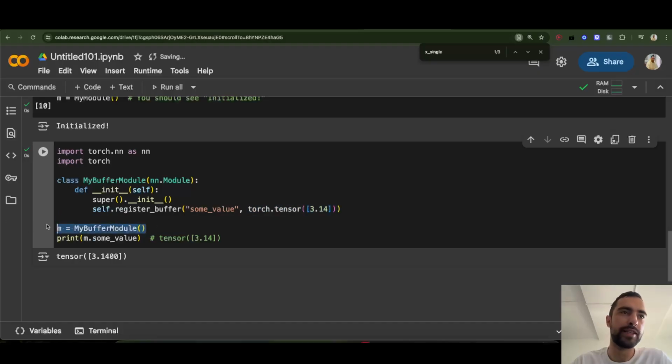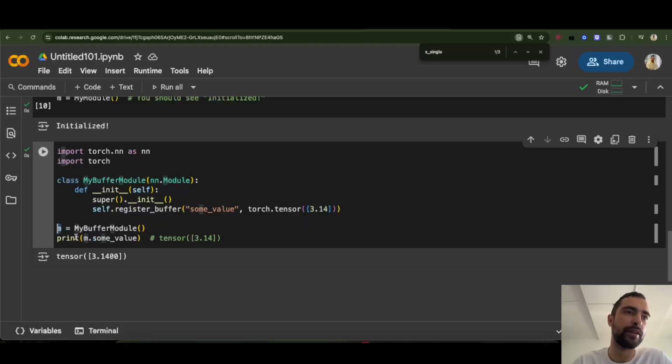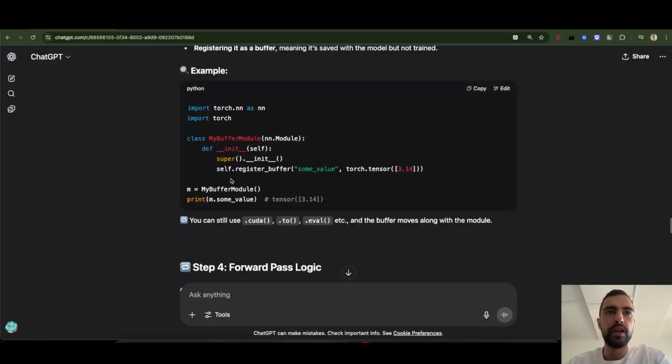If we initialize this module class, we can say m, the name of the module instance, dot some value to get this value. You can still use .cuda, .to, or .eval, etc. and the buffer moves along with the module, so you can put it to device, to GPU, to CPU, etc.